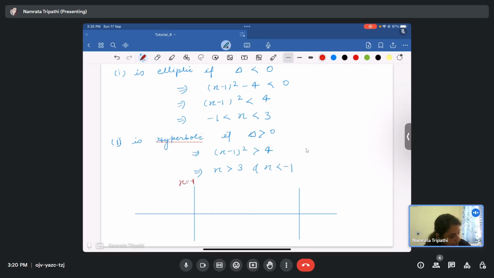This is minus 1, this is 3. According to condition 1, when the value of x is minus 1 and 3, then these two lines will represent parabolic. Fine.